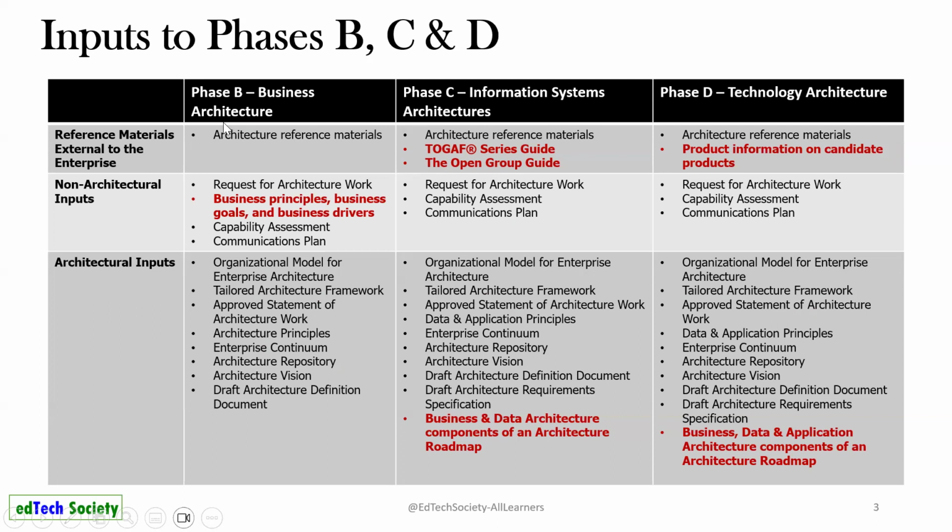For phase B, the non-architectural inputs are the request for architecture work, business principles, business goals and business drivers, capability assessment, and communication plan. And for architectural inputs, there is a list we have captured here.